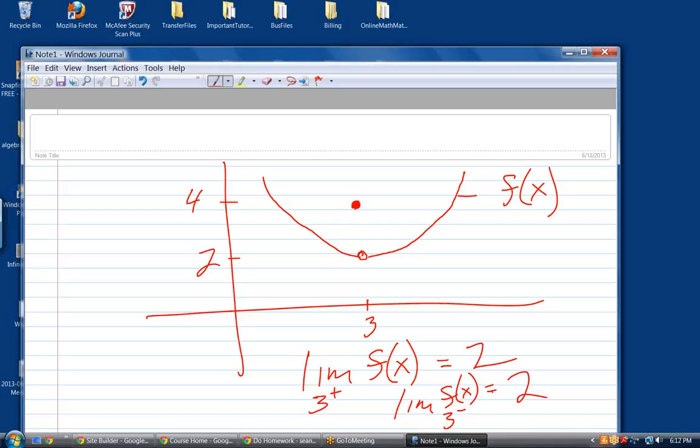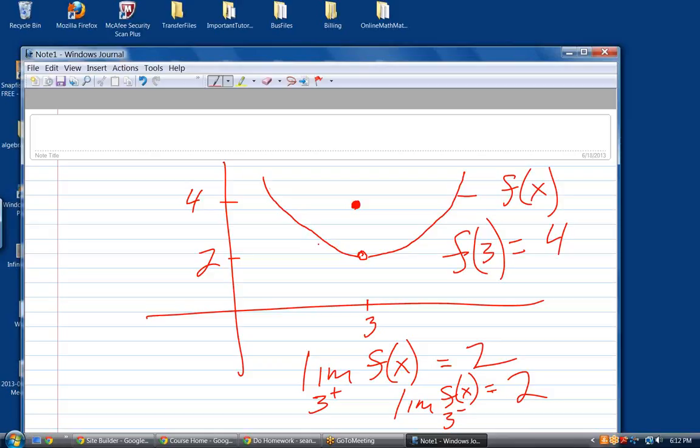So the limit of this function at 3 is what? 2. Correct. However, what is f of 3 equal to? 4. In other words, this black dot is the only time that this function is, it's only at 3 that f of x is 4.